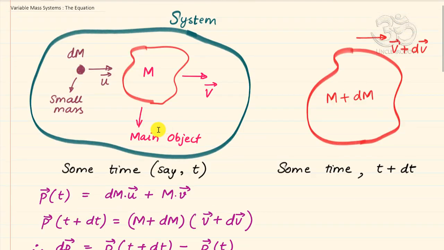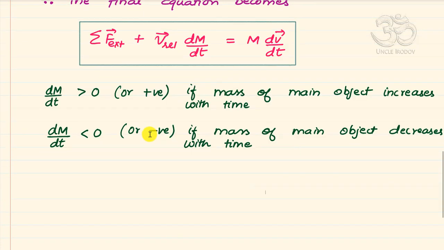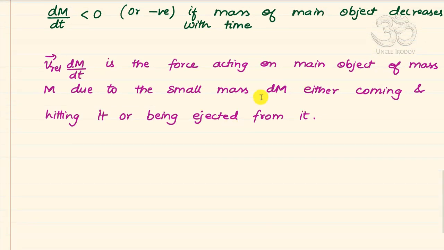We will give a name to that pushing force applied by dm on m as it hits m, and that pushing force is often called a thrust force. Please keep in mind, this dm will either hit the mass m or be ejected from the mass m, and because of either of those happening, there will be a force acting on big M, and that will be vrel dm by dt.